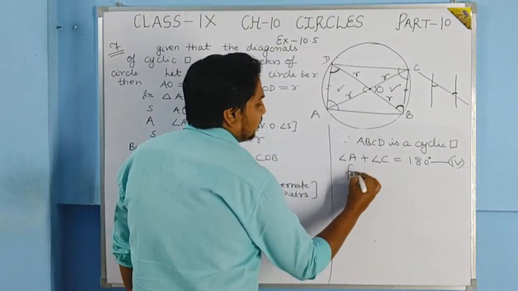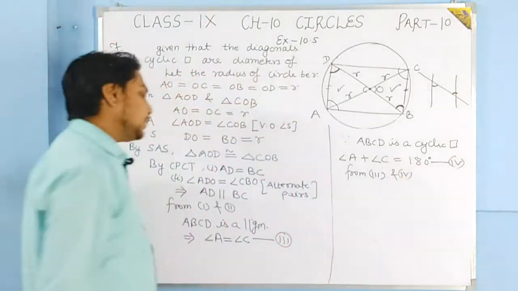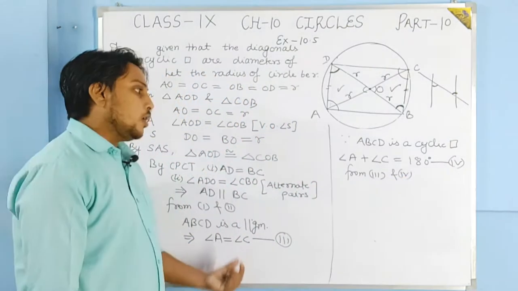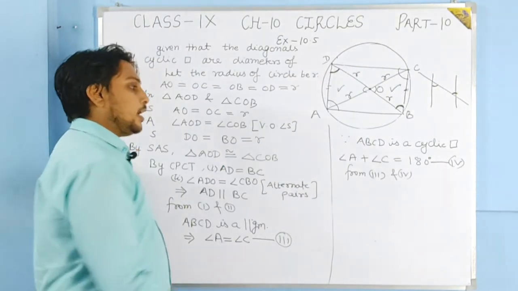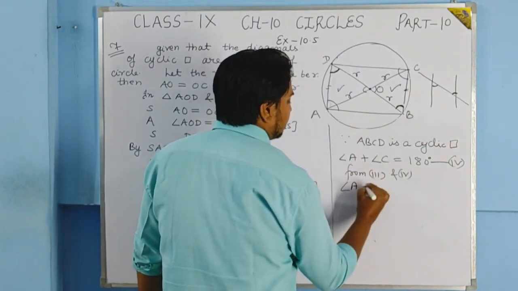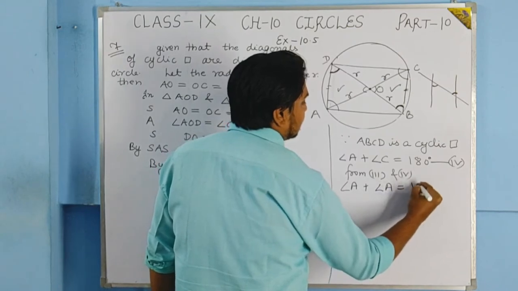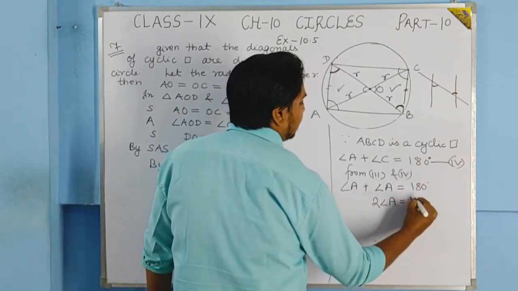So from third and fourth, students, at the place of angle C, just put angle A. At the place of angle C, we are putting angle A. So angle A plus angle A, 2 times angle A, is 180 degrees.